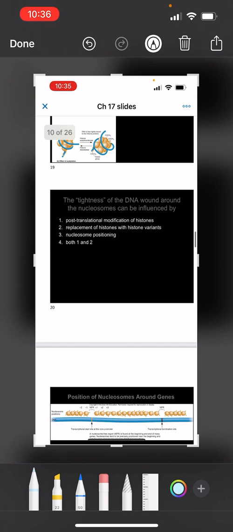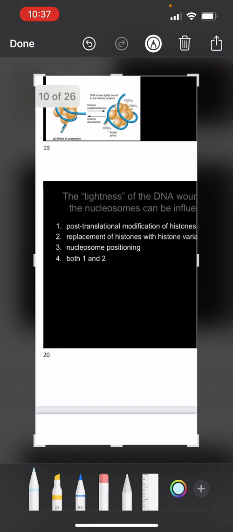Those things are going to give you more loose wrapping of your DNA around your nucleosome. The positioning of the nucleosomes is just moving the nucleosomes around on the DNA. The tightness is staying the same though, right? So the best answer here is going to be 1 and 2 is actually affecting the tightness of the DNA wound around the nucleosome.